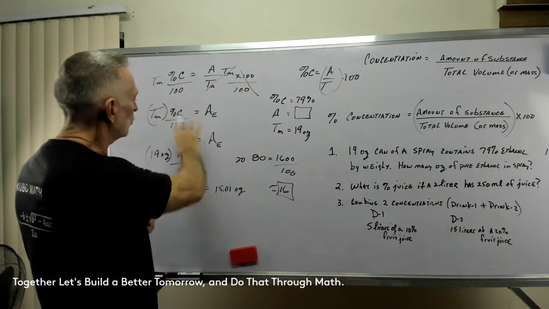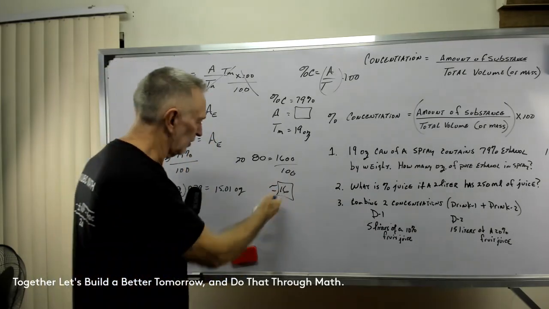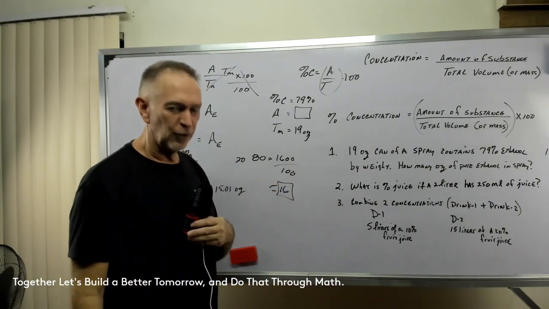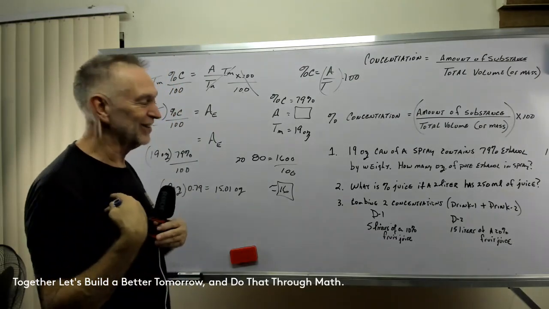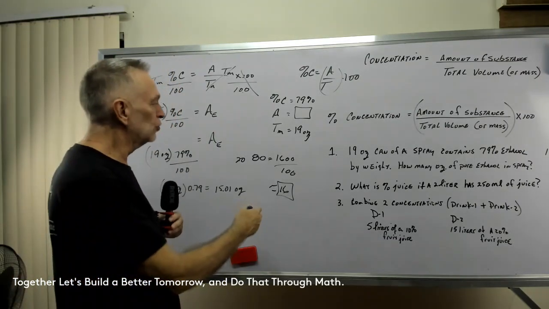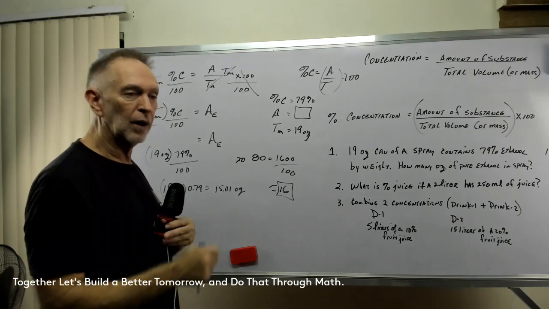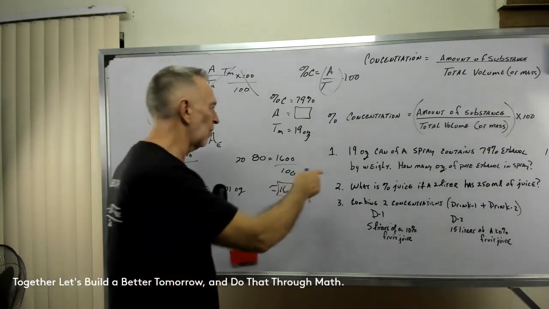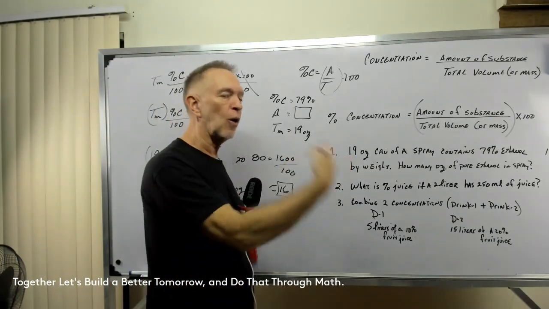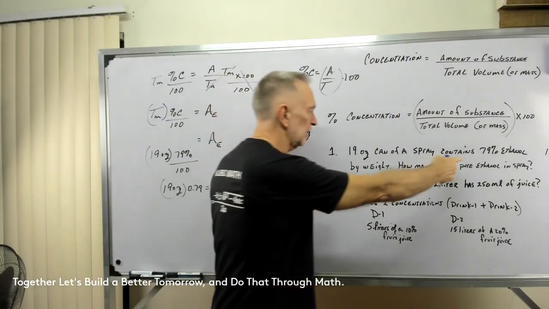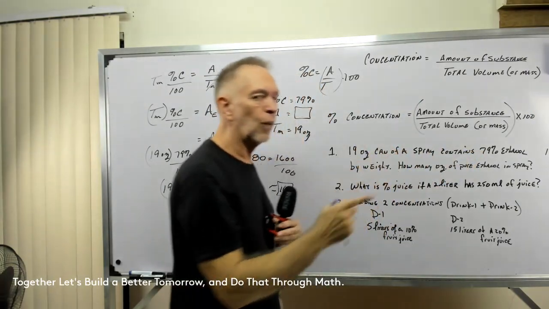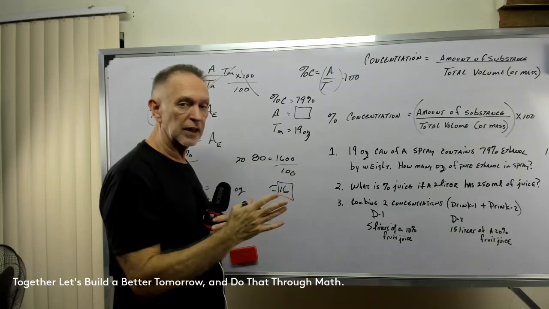So if I go through my calculations and I get 5, I know it's wrong. Or if I get 20, why would I know 20 is wrong? Because I only had 19 in total, and the percent is less than 100%.